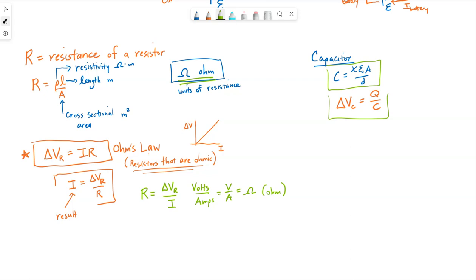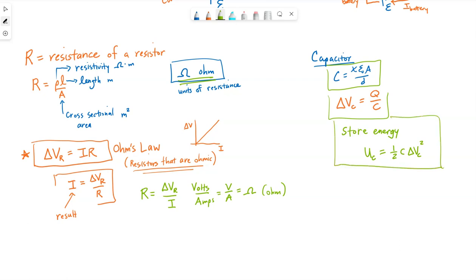And then we also learned that capacitors store energy. They store energy when there is an electric field between the plates. One way to write this equation is 1/2 C delta V squared.